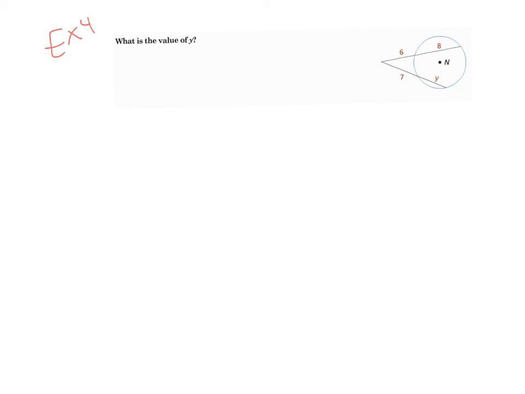So this is the last theorem that we went over. Basically, what we're going to have here is this outer portion, the inner portion, another outer portion, and an inner portion. And the theorem that we learned says that if you add 6 plus 8 and multiply that by 6, it is equal to 7 plus y times 7.